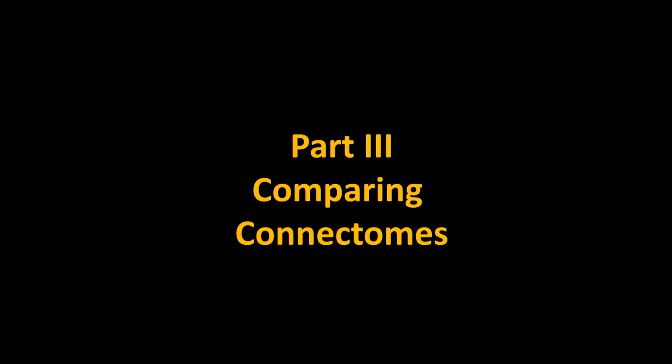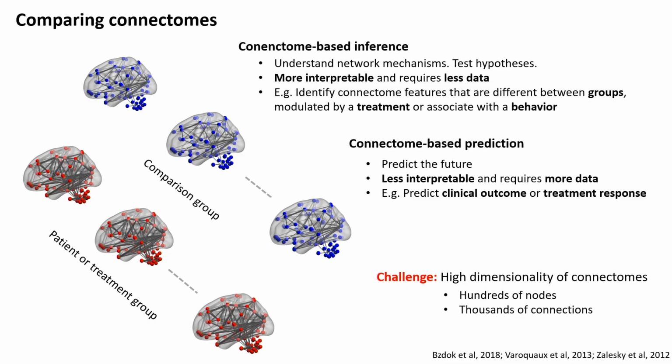So in the last part of this presentation, I'm going to give a very brief overview on comparing connectomes and some of the statistical methods that can be used to compare connectomes between groups. The basic idea is that we've mapped connectomes for a group of patients, or a group that has been subjected to an intervention.